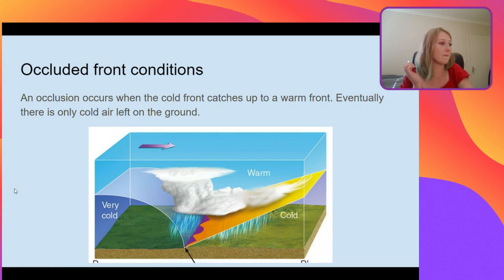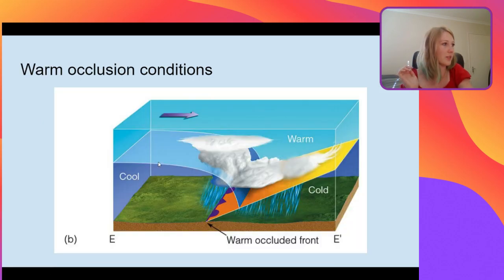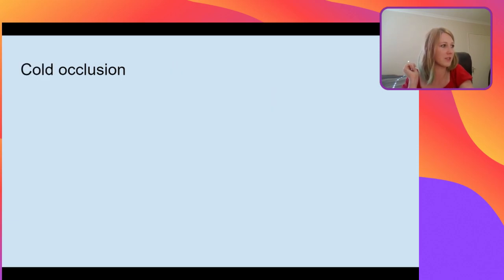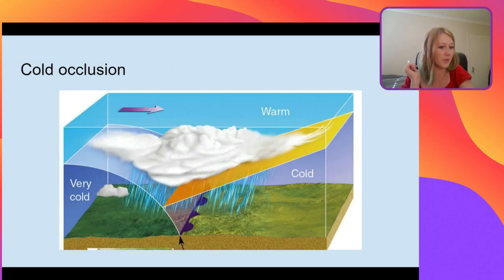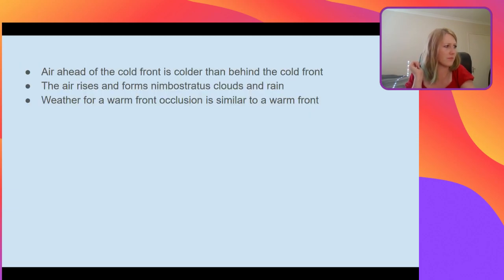So if the air in front of the warm front, so this side, is warm, you would have a warm occlusion. If it is the other way around, oh, sorry, there we go.